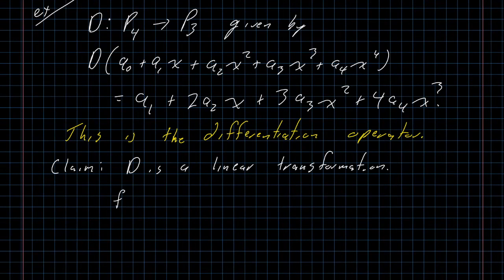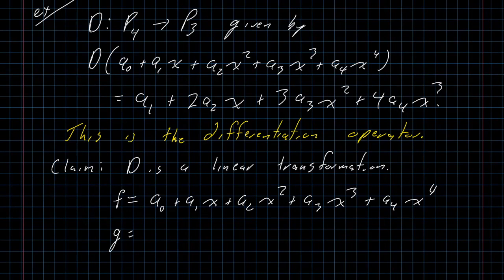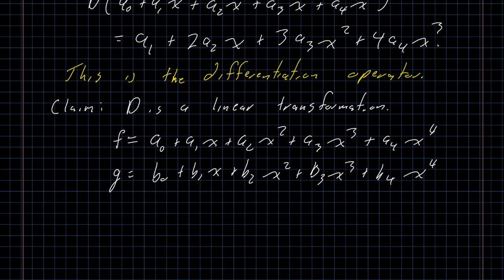Let's call them f and g. And we're going to need two constants as well. I think I'll use p and q. So we're going to take our operator D on p times f plus q times g.